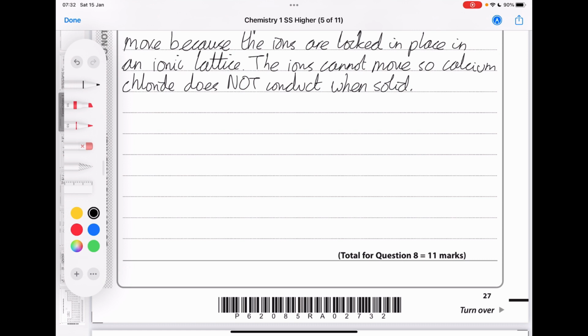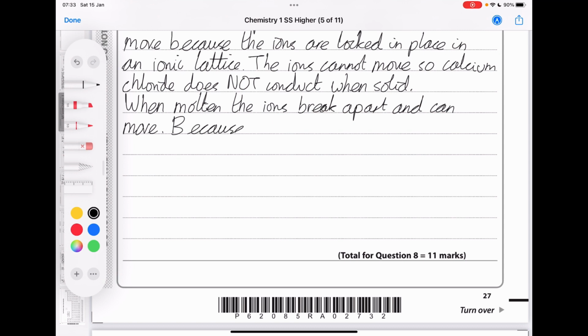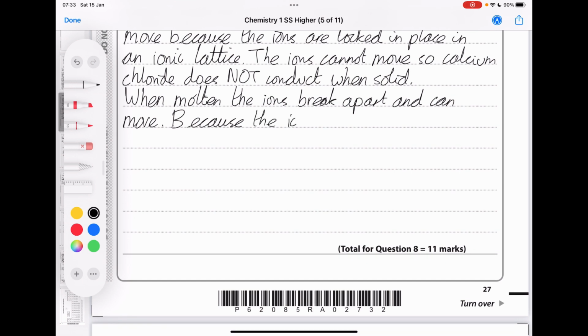When liquid or dissolved, calcium chloride does conduct electricity. And therefore, we should say, when molten, the ions break apart and can move, and therefore we've got the moving charged particles because the ions can move.